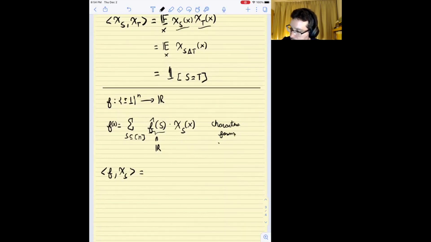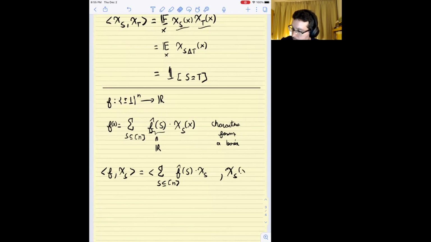Characters form a basis. Very good. And then you have this sum over s, chi-s of x, and then here we have our chi-s.